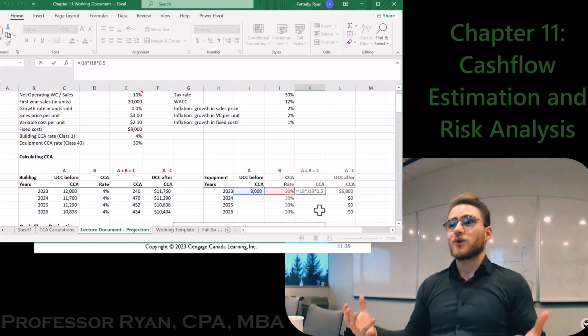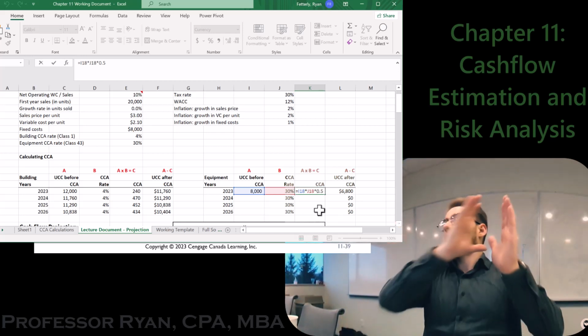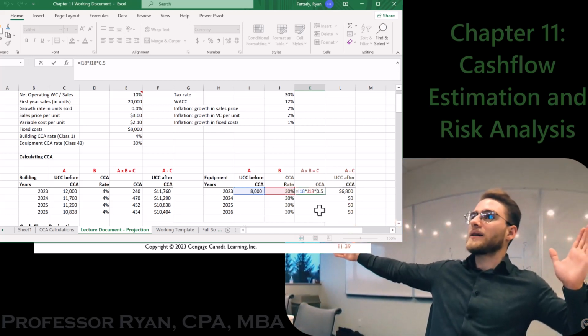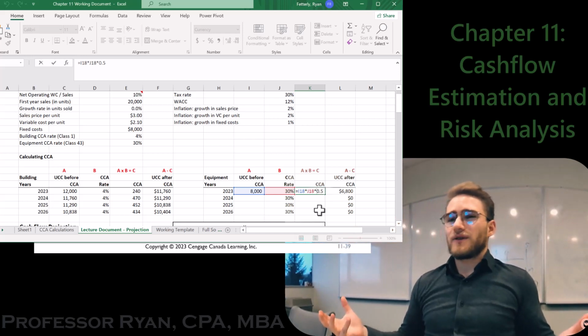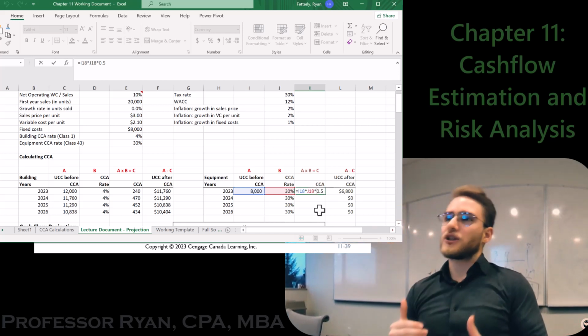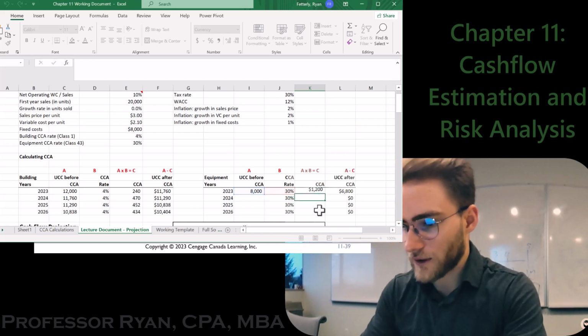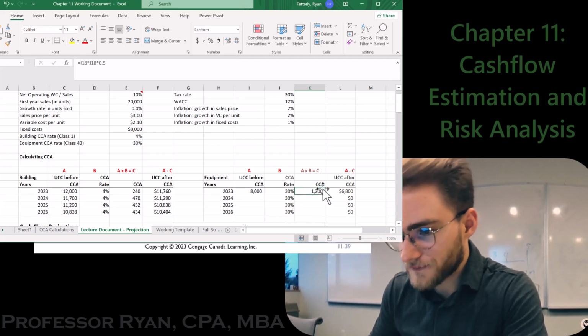Buildings have a useful life of 20 or 30 years, so you want to depreciate over a much longer period. Whereas a car you're only using for 10 to 15 years, 15 if it's a good truck, so you want to depreciate at a much faster rate, which is why we use a higher rate of 30%. So we get 1.2 million in deductions in the first year.